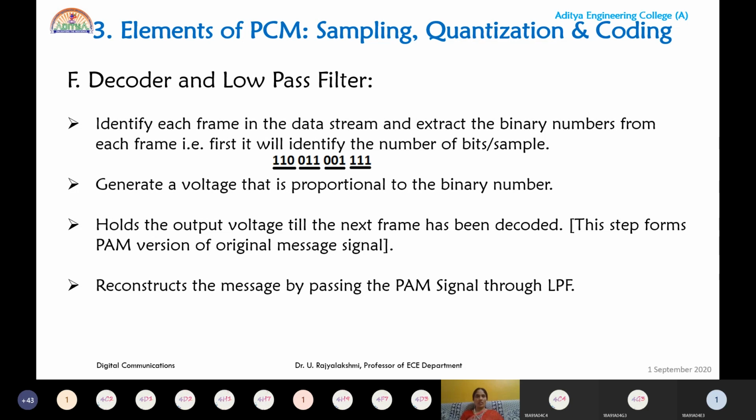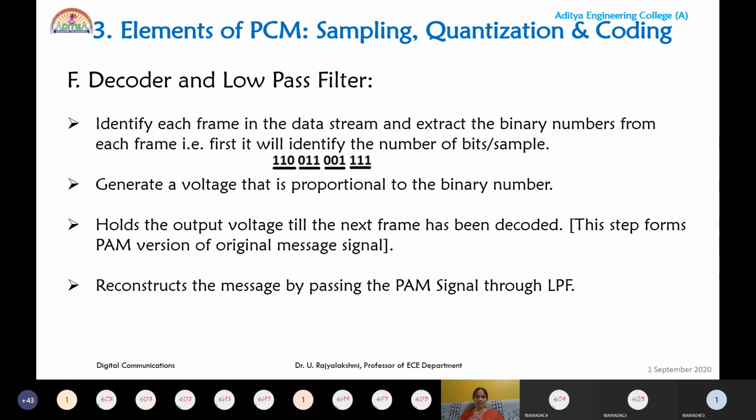You can replace the term frame with sample. This is a PCM signal. How can I say that this is a PCM signal? Because it is a binary or encoded sequence. That's why I can say this is a PCM signal.